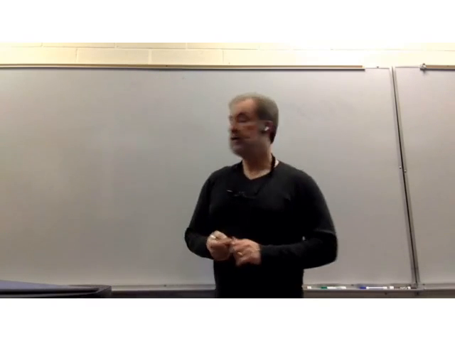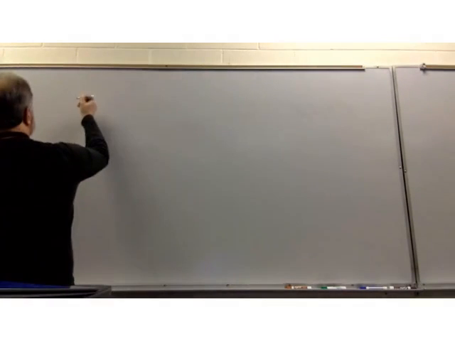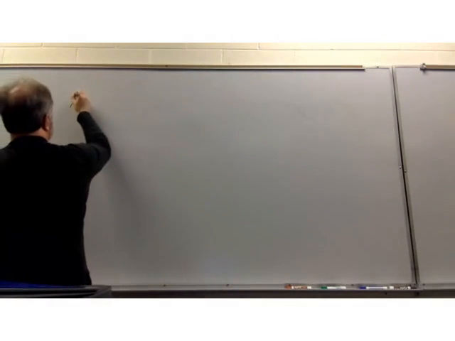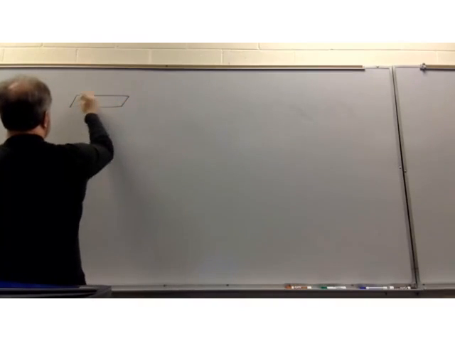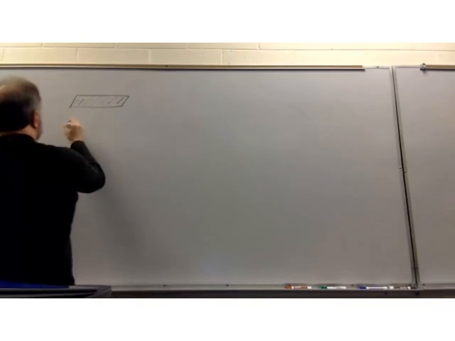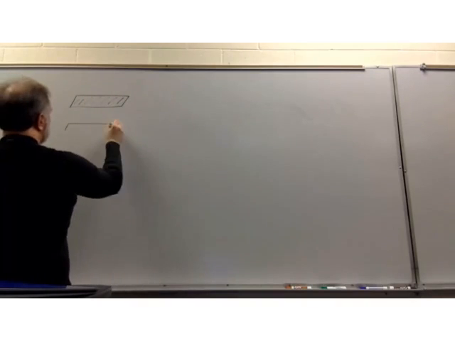So you remember the situation. I had a couple of conducting plates, and in this case I'll make them rectangular just because that's easy to draw. A metal plate, and then another metal plate nearby it.